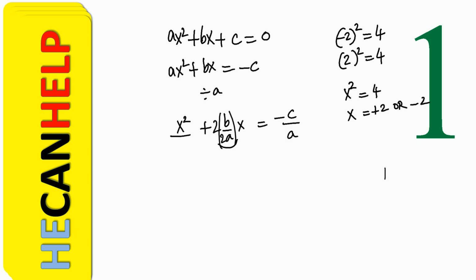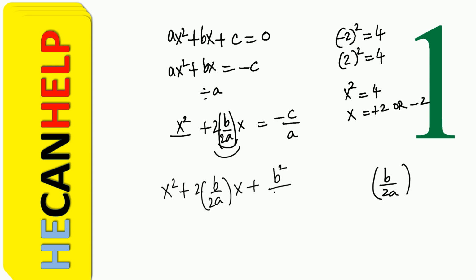Half of that is b over 2a. And you know that to complete the square, you have to add the square of b over 2a to both sides. Now we are adding b squared over 4a squared to both sides, because this is half the coefficient of x, and the square of that is what we have to add to both sides to complete the square.